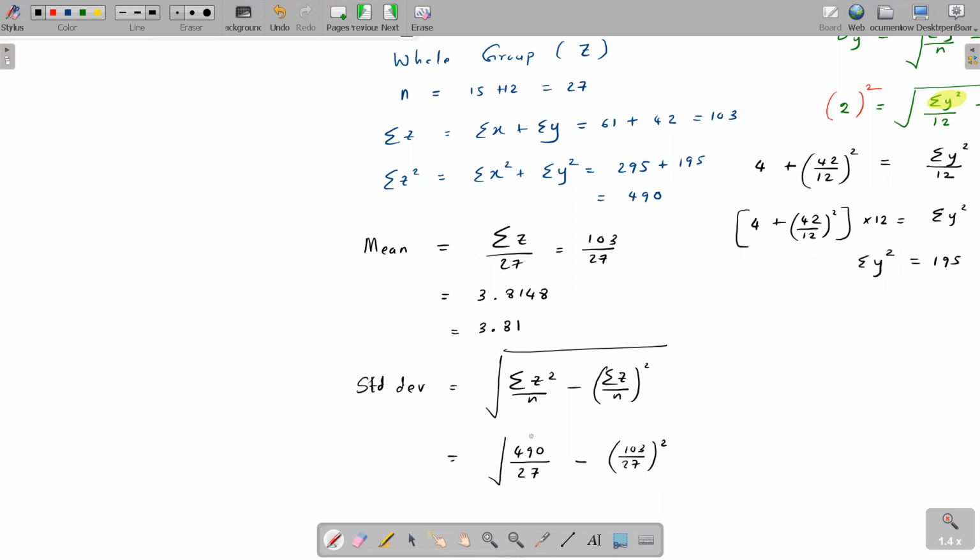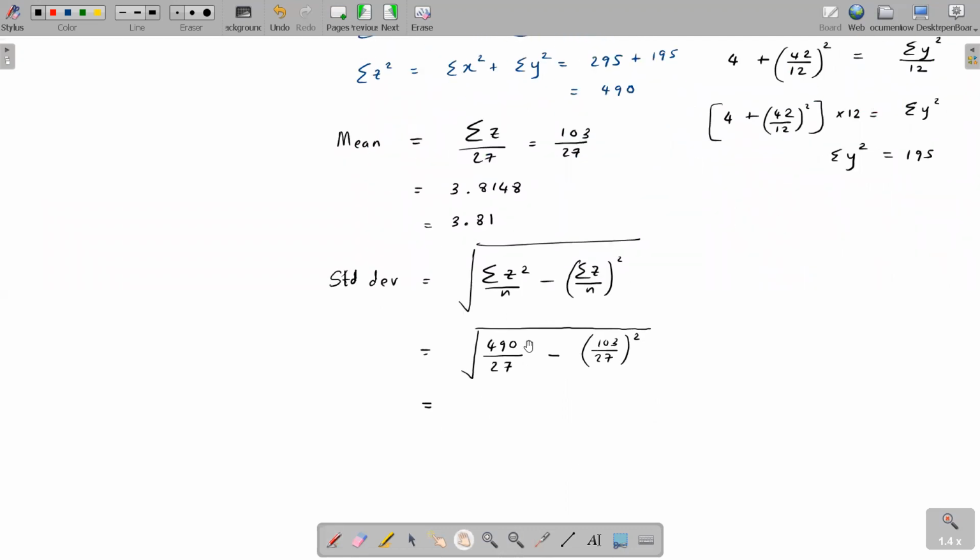Whole thing square root. How much is it, children? 1.896137. So that means something like 1.896, when you round off it is 1.90, right? So 1.90 is the standard deviation and this is the mean for the whole group.